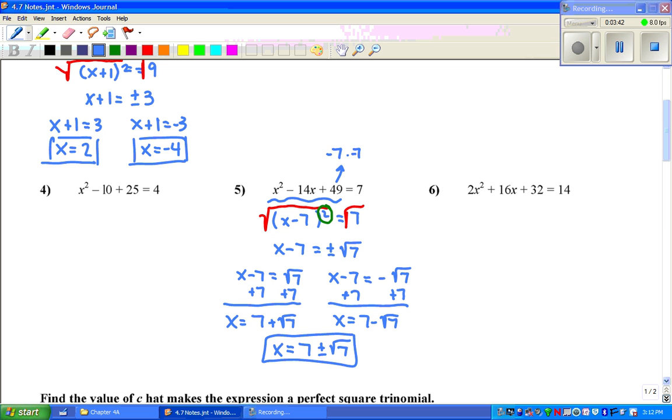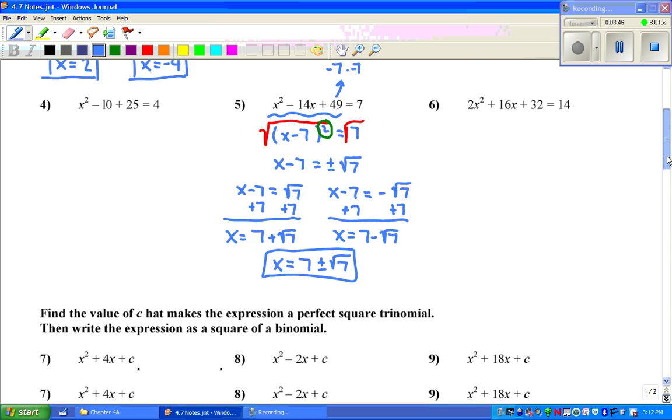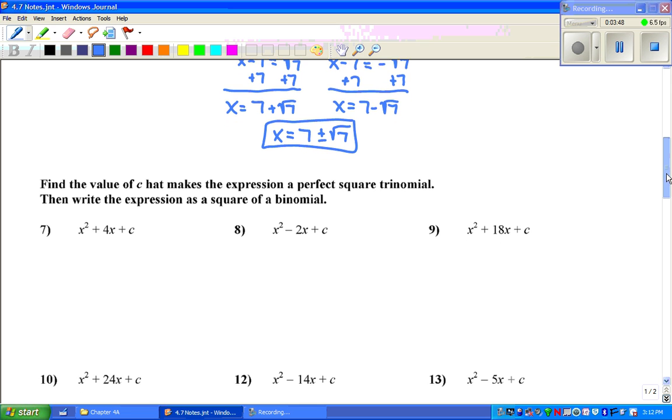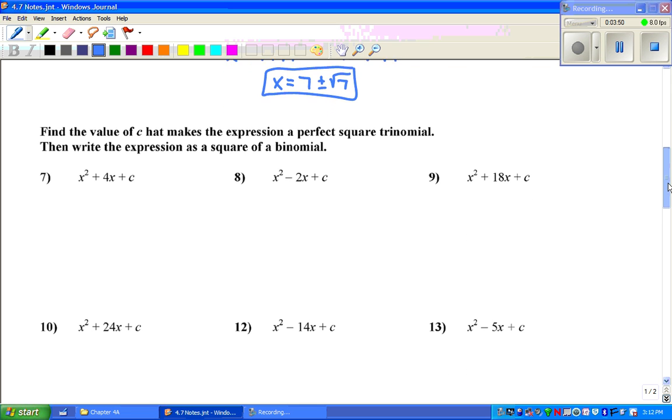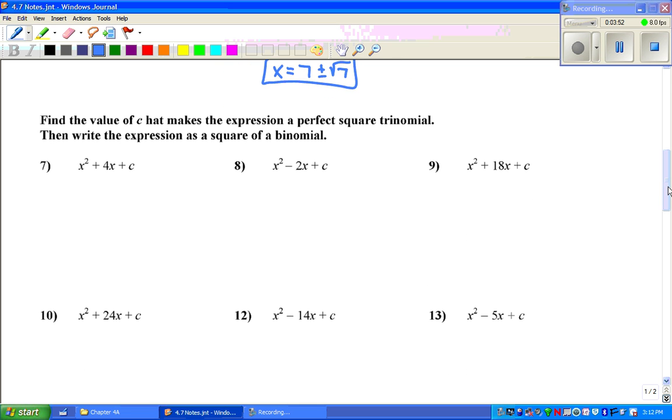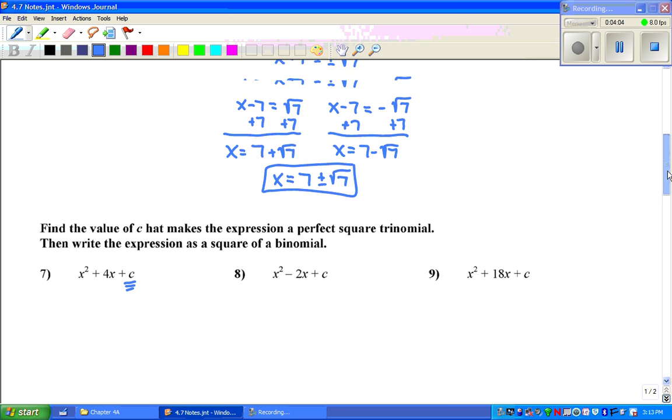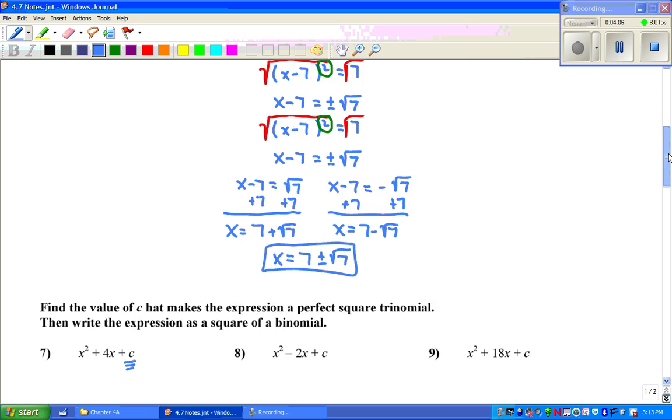If you can't factor, you can't graph. Now here's what happens. Sometimes, in order to solve these, we have to do something called completing the square. It's very important when you're completing the square to come up with a C term so that you can write a square of a binomial like this right here.